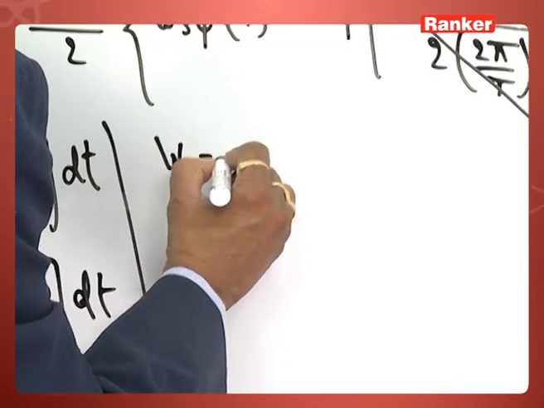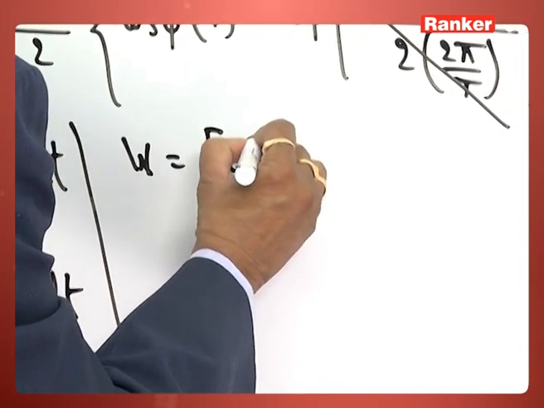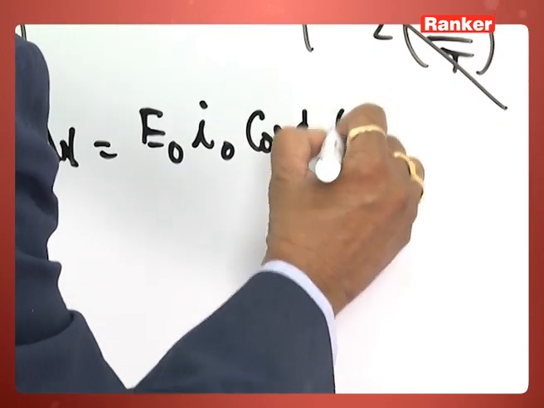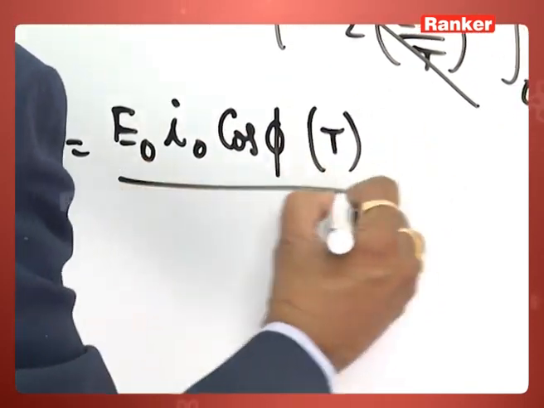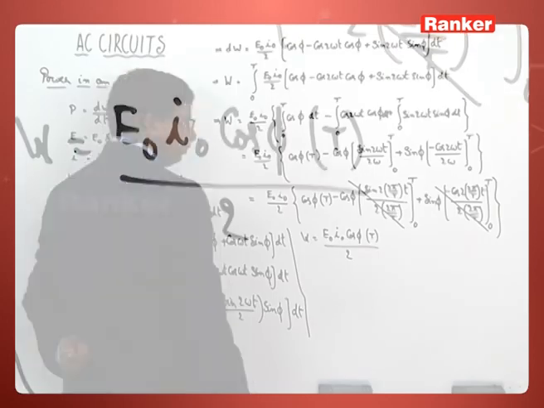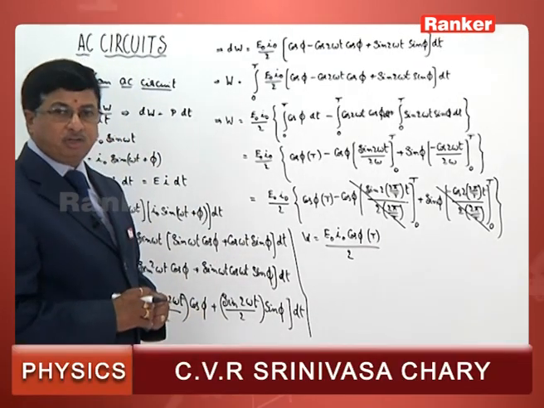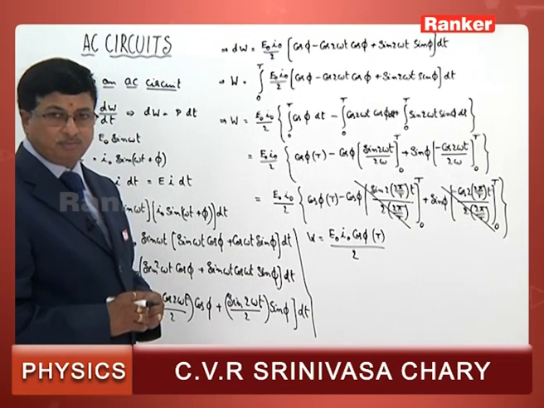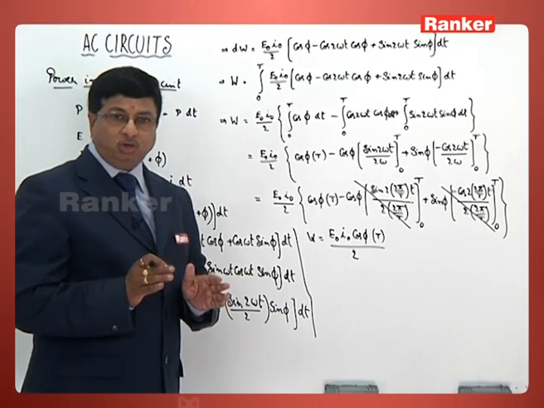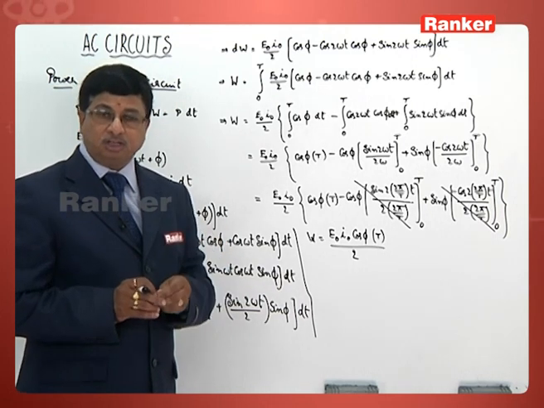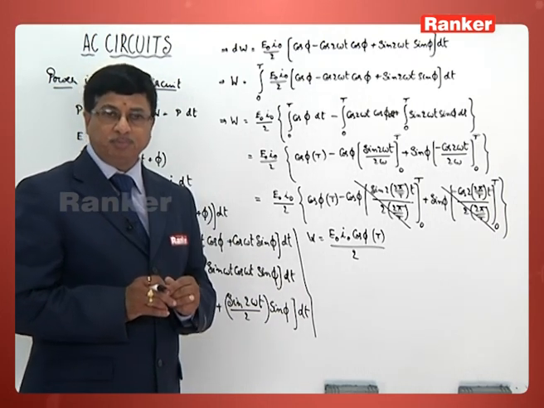Work done is equal to E naught I naught cos phi into t by 2. But in fact our intention is not to calculate the work done in this case. Work alone will not be our resultant. Our result is to calculate the power.